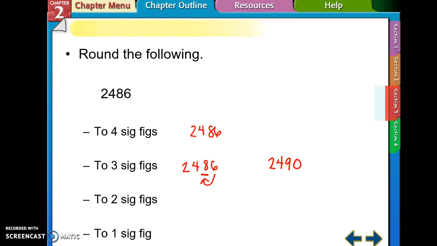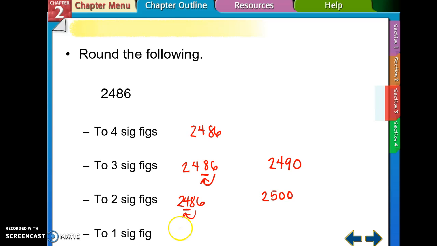It's okay to change your numbers when you're rounding things, but make sure you keep things in the right place value. If I'm going to round this to 2 significant figures, 2,486, the 2nd significant figure is that 4. That 8 is going to make it round up, so that would become 2,500. Make sure that if you're dropping those, that you replace them if it would change the place value.